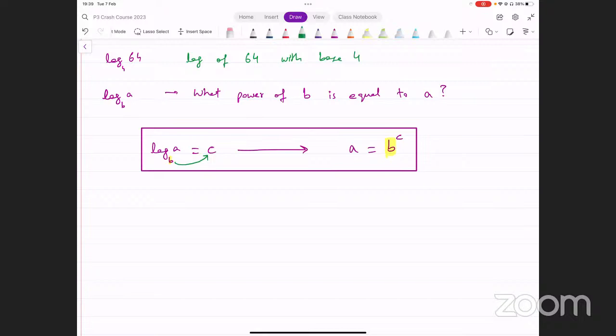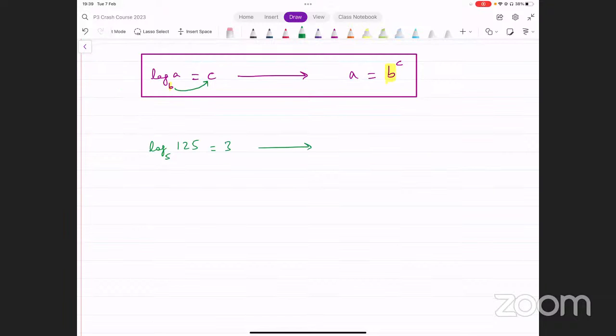Now, let's take an example. If you've got something like this, log of 125 with base 5. Now, what power of 5 gives you 125? Power 3. This thing can be written in power form like this. This 5 is going to go to the other side, become the base of 3. Right?